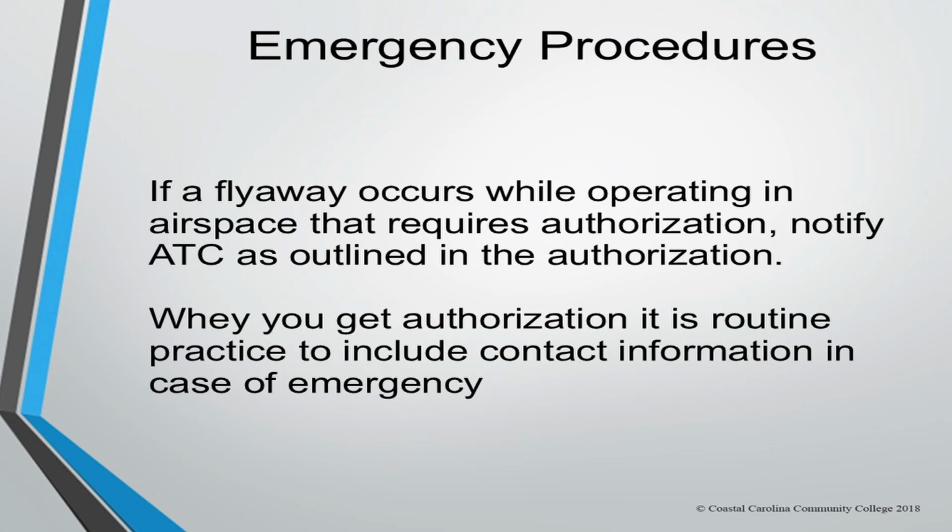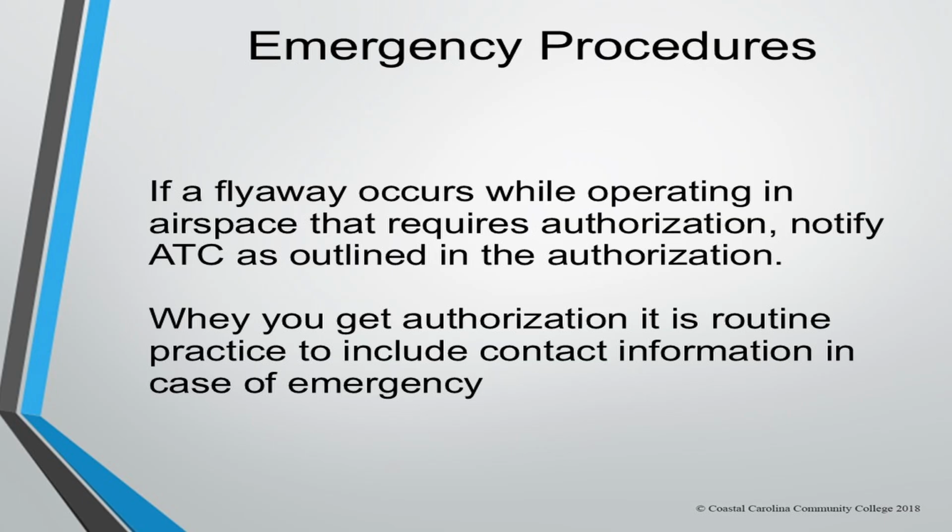So if a flyaway occurs when operating in controlled airspace that requires authorization and your drone is flying into the controlled airspace, then you are required to notify ATC as outlined in your authorization to fly in that controlled airspace.